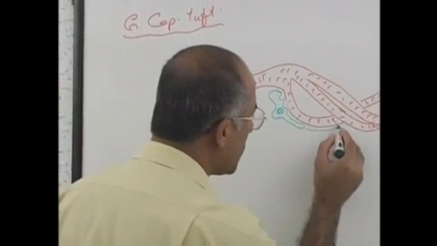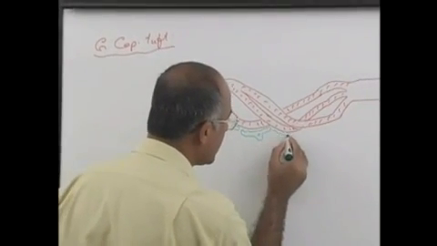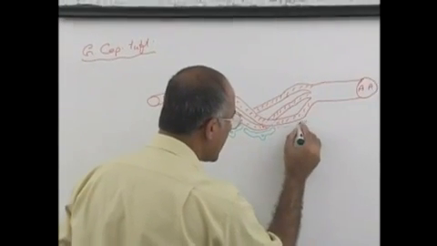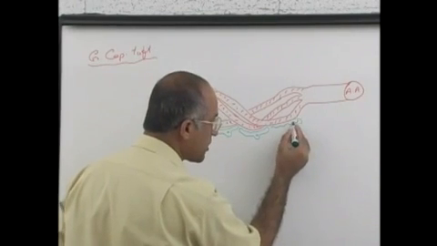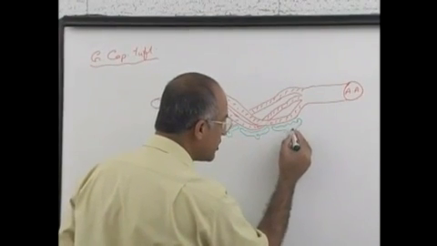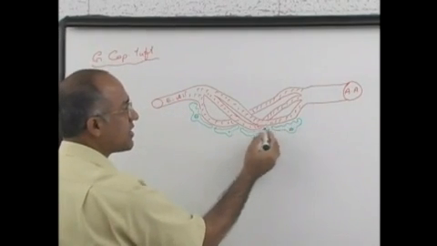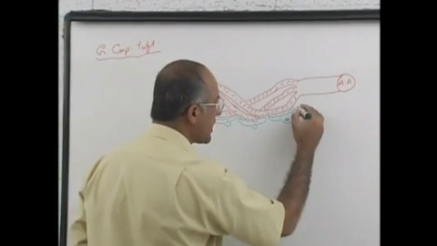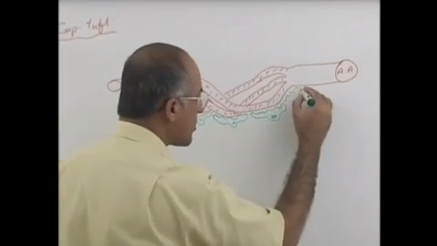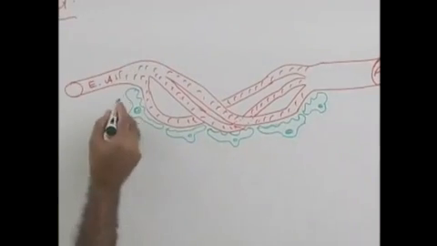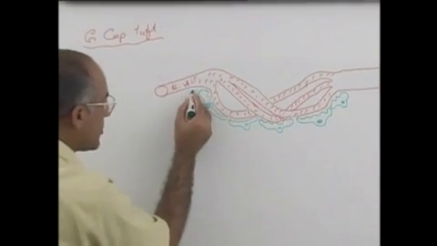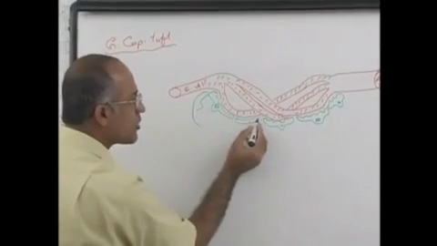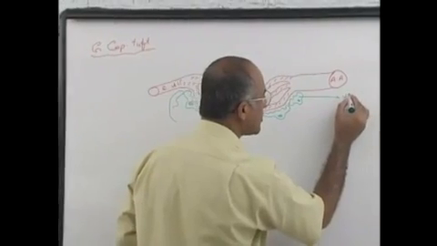These are very specialized epithelial cells which have some foot processes, and these epithelial cells are called podocytes. These are called visceral epithelial cells.